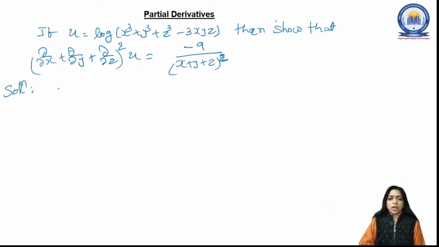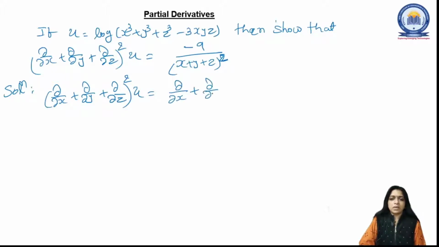As we want to find (del by del x plus del by del y plus del by del z) whole square into u, it means (del by del x plus del by del y plus del by del z) into the same bracket (del by del x plus del by del y plus del by del z) into u.